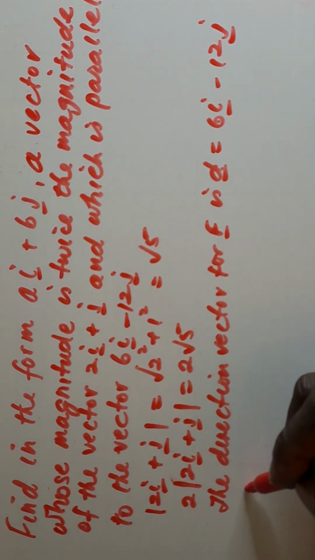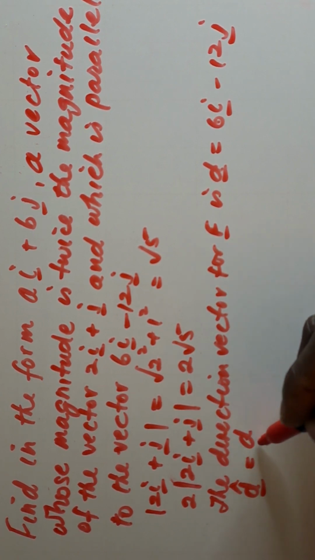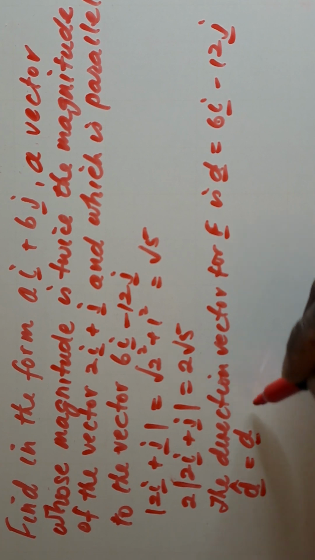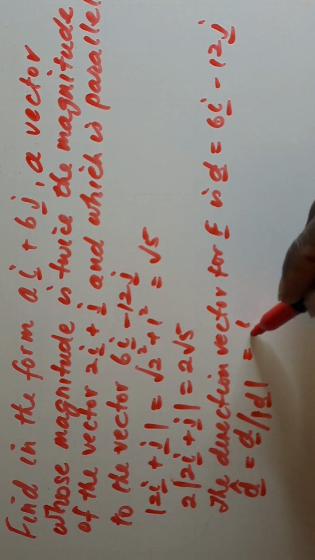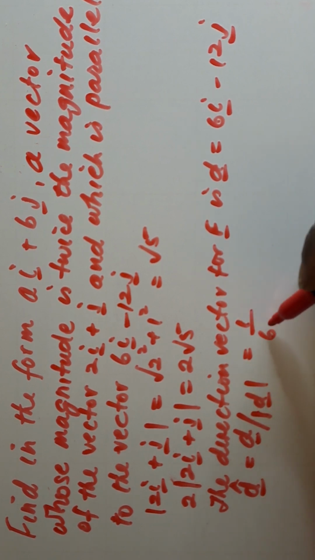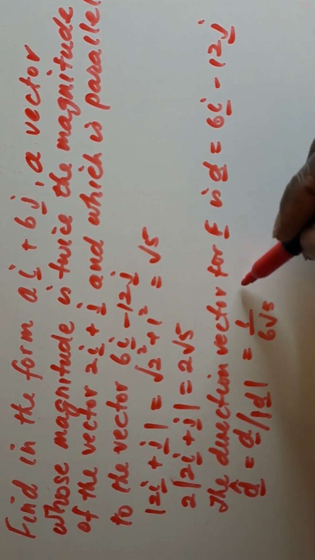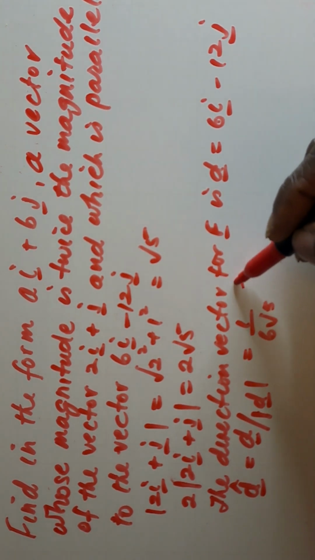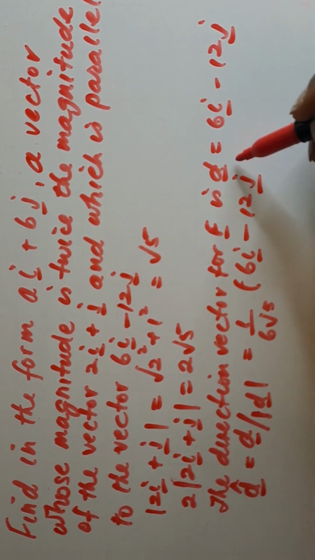So we can find a unit vector in this direction, and that's the vector d divided by the magnitude of d, which is equal to 1 over 6 root 5 brackets 6i minus 12j.